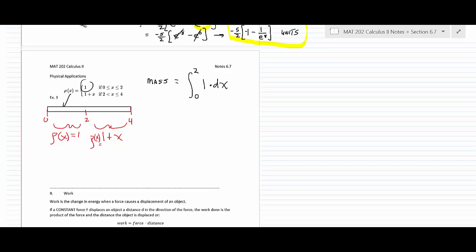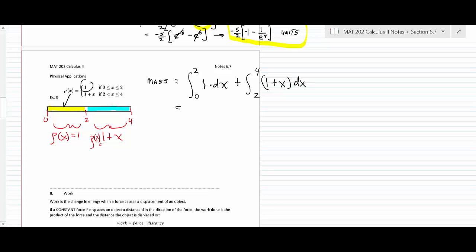Then the second piece, you would set up a different integral, plus the integral from 2 to 4 of rho, which is 1 plus x, times dx, like that. If you have a piecewise function, you basically have to sum those two things up.